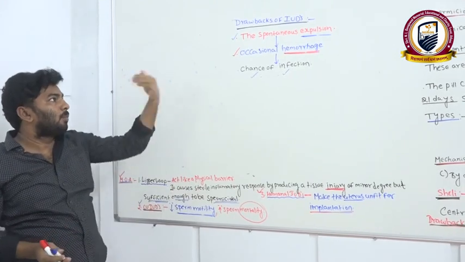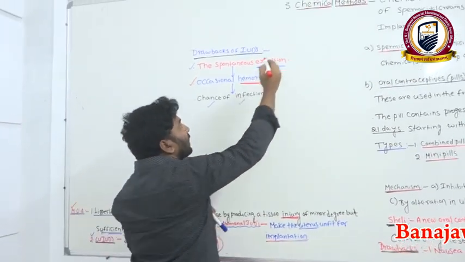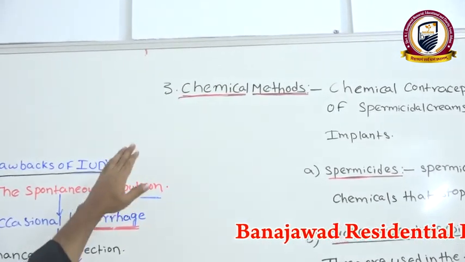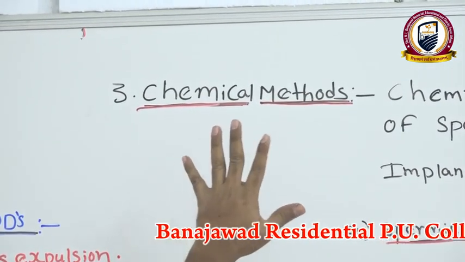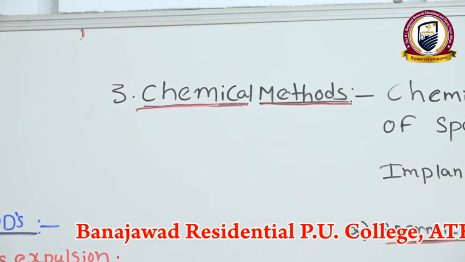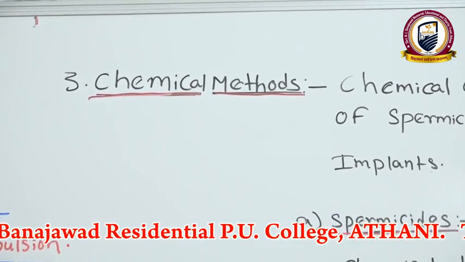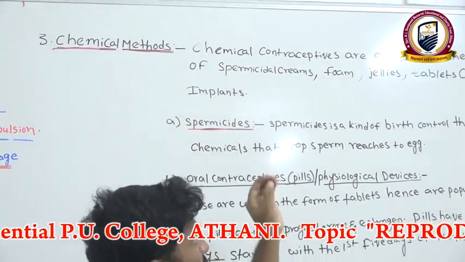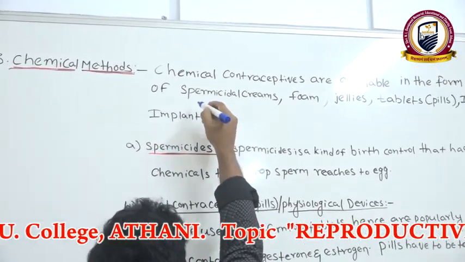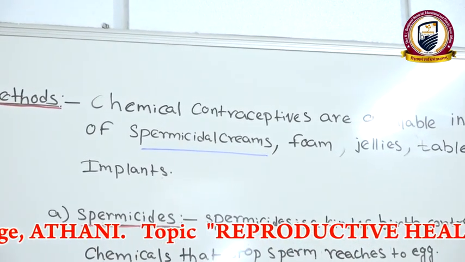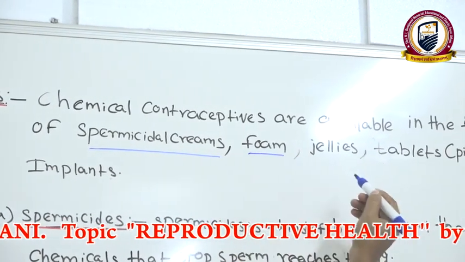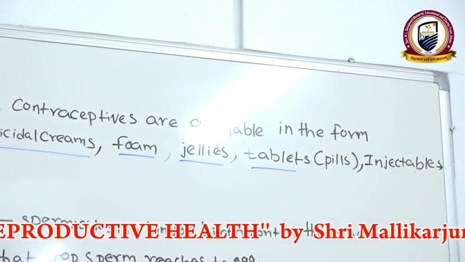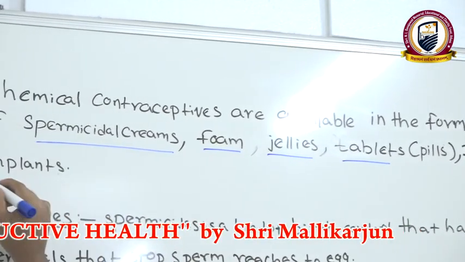Okay, right. We'll move to the next method, that is the chemical method. What are chemical methods? What examples come under this category? We'll discuss one by one. Chemical contraceptives are available in the form of spermicidal creams, foams and jellies, tablets, injectables and implants.